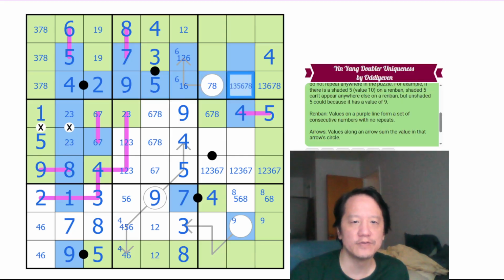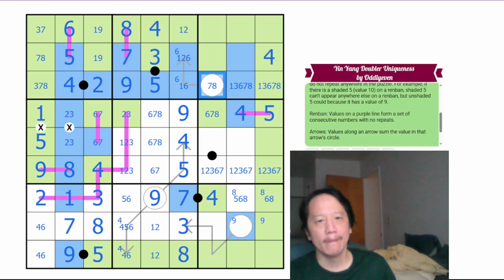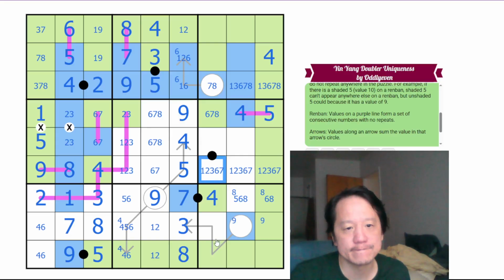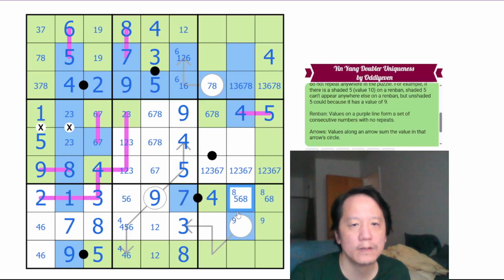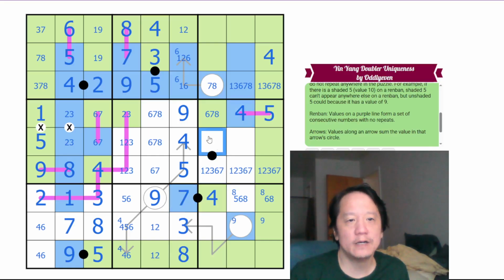5 here eliminates 5 in the rest of the row. 3 here eliminates 3 there. This can't be 8. So this 6... This is value 5.